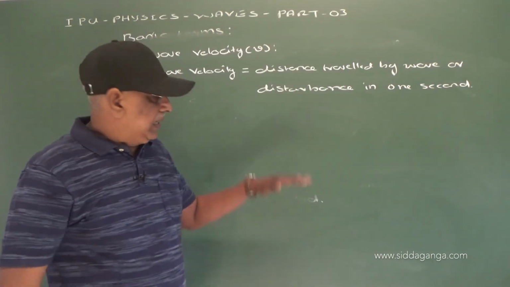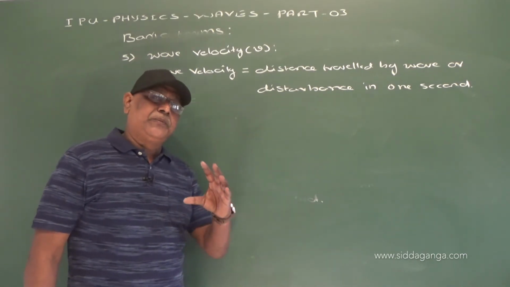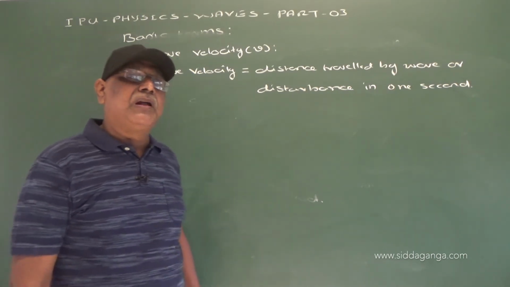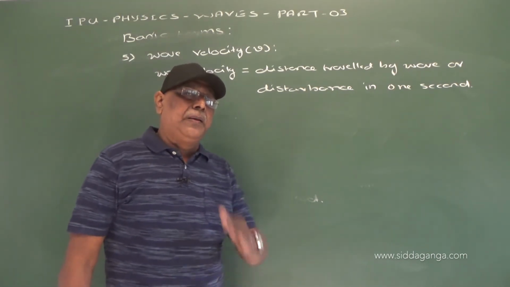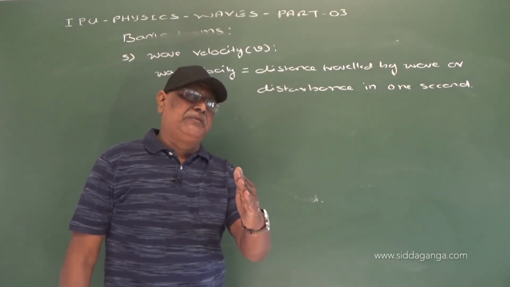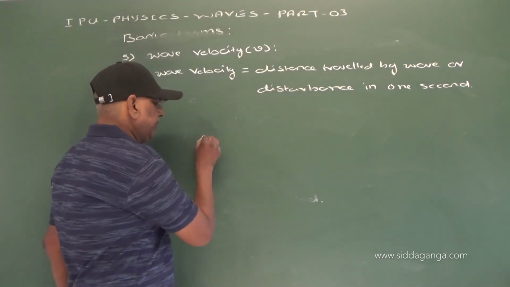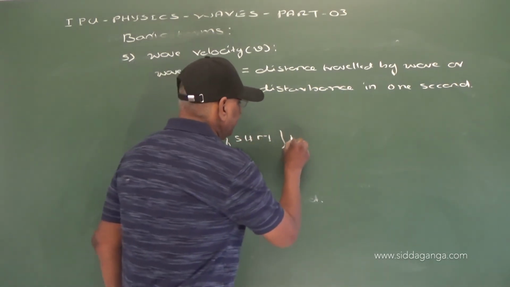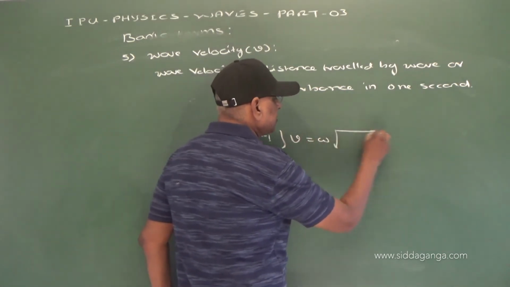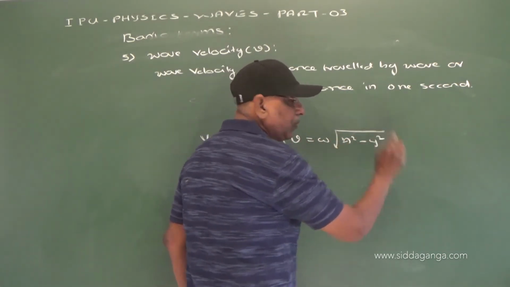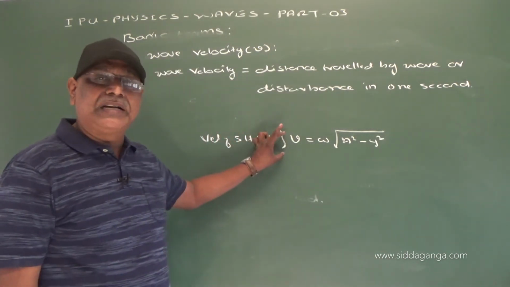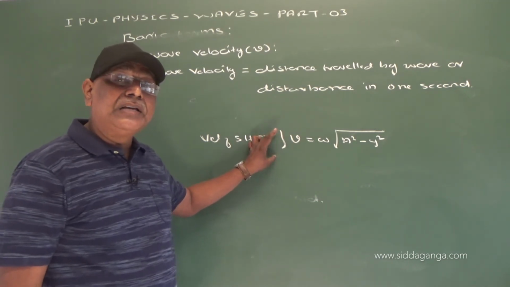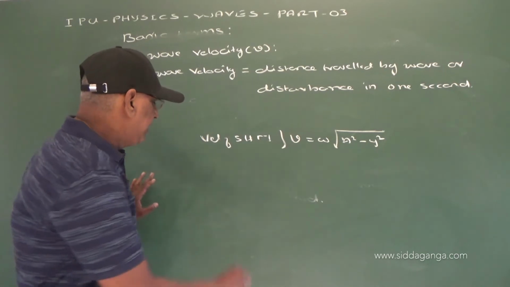In wave motion, two velocities are associated. The velocity of simple harmonic motion varies with respect to time. That velocity is v = ω√(a² − y²). This is the velocity with which particles of the medium execute simple harmonic motion.